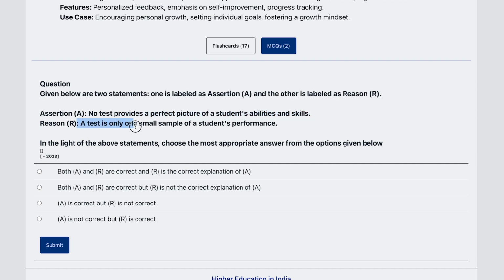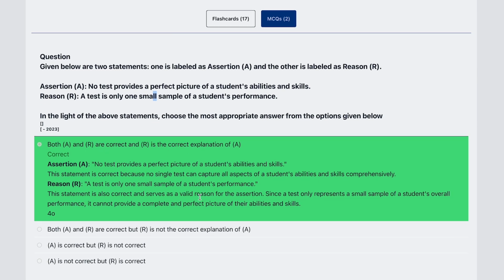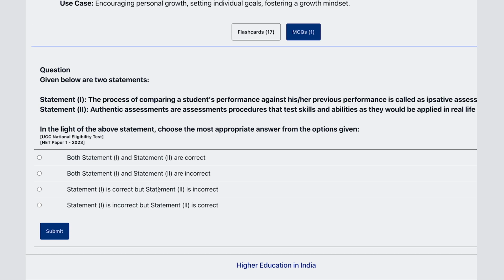A test is only one small sample of a student's performance. A is correct and R is the correct explanation because no test can provide, because it is only a sample, right? So whenever there's assertion and reason, always use because. Does it make sense when I add that because? So here it does make sense. So A is correct and R is the correct explanation.